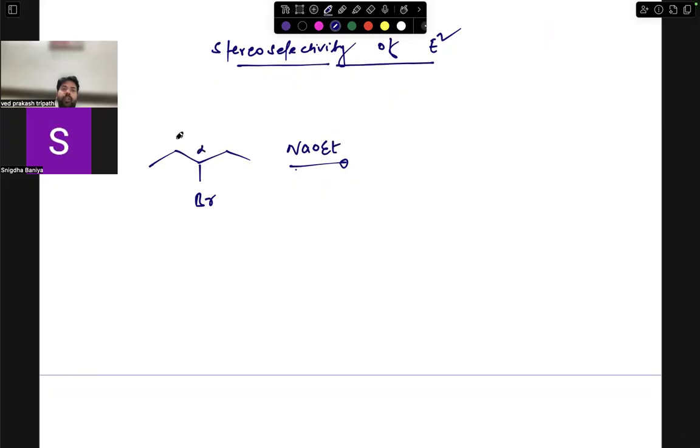This is my alpha, and now you can see both the beta positions are the same. You can draw the double bond either on this side or the left-hand side, both are the same thing. So suppose this is my alkene. Now this alkene is in the trans or E form. And it can form another isomer that would be called Z, like this.